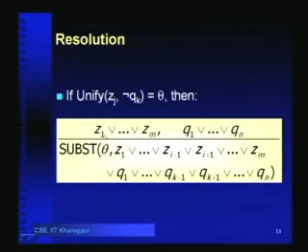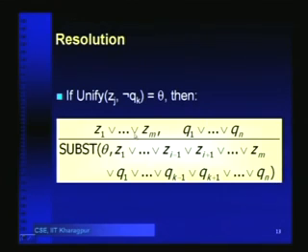So suppose this is one clause which is a disjunction of some of these predicates, and this is another clause which is another disjunction of predicates, and then theta is a substitution which unifies Zj and not of Qk, which means that if we use the substitution theta, then Zj here and not of Qk here become identical. So if that happens, then the resolution tells us that we can deduce the OR of Z1 through Zi minus 1 and Zi plus 1 through Zm, and likewise Q1 through Qk minus 1 or Qk plus 1 through Qn.